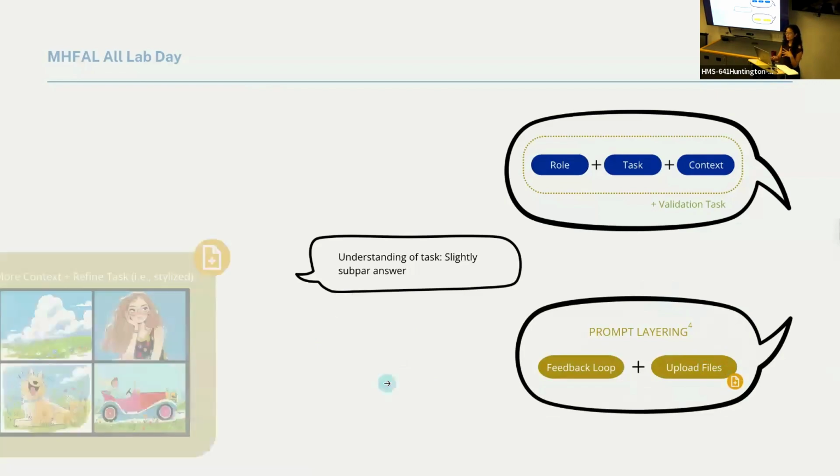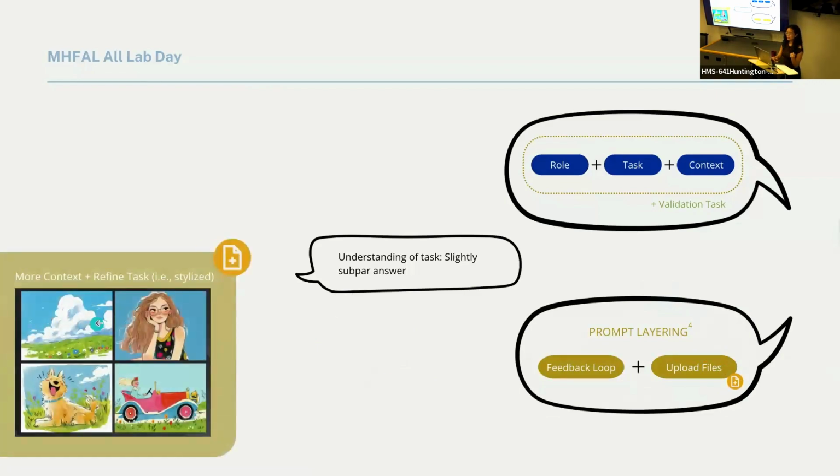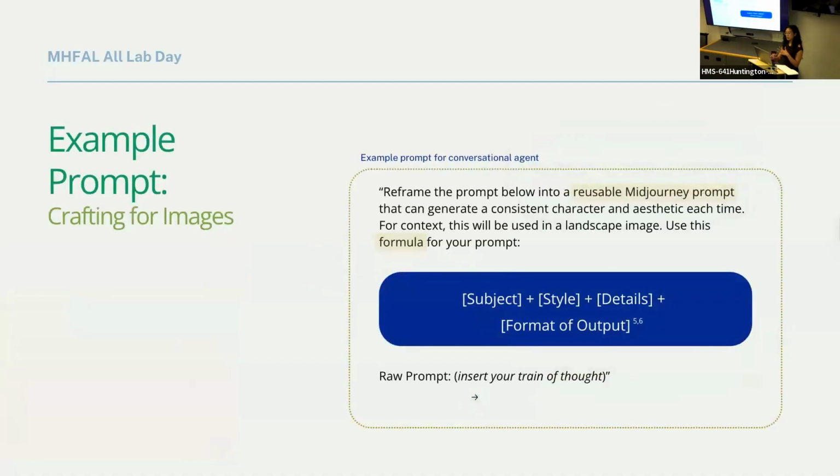So because this is for images, I inserted this image into a prompt I was using, and I asked it to describe the style it sees. And that will inform this. So what exactly I did to create a prompt for Midjourney, that's a different generator.